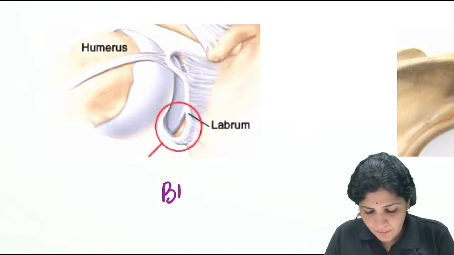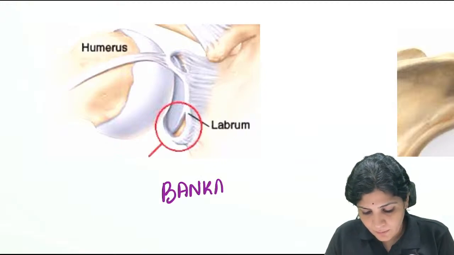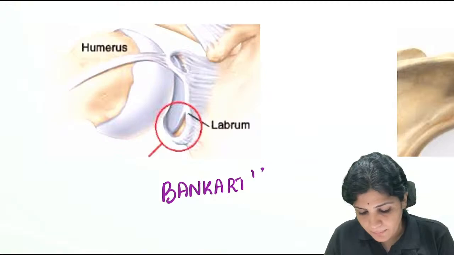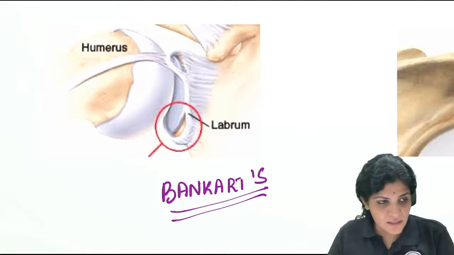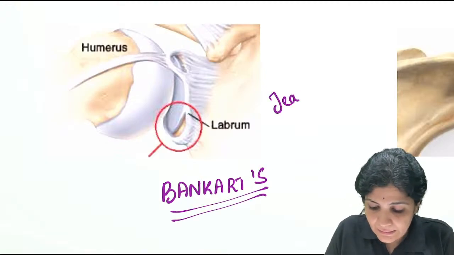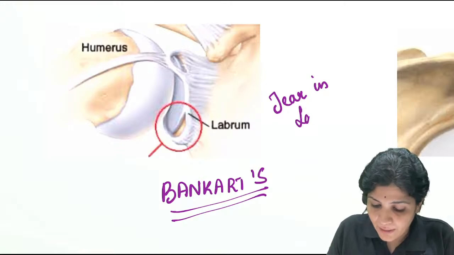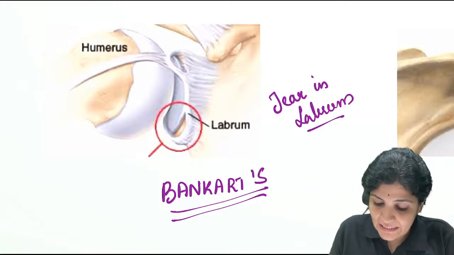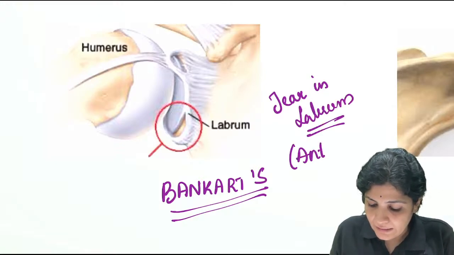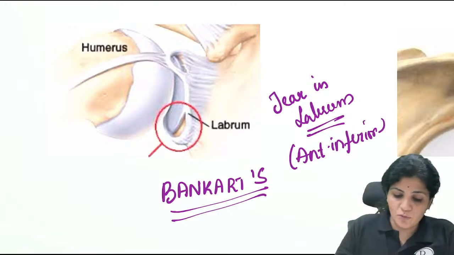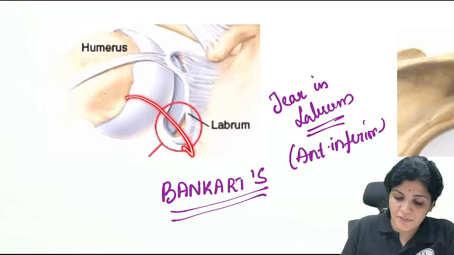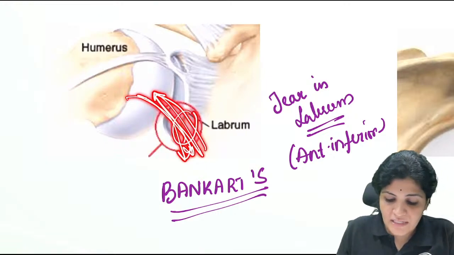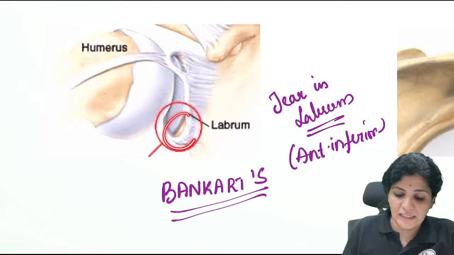This is called the Bankart lesion. There is a tear in the labrum, in the anterior inferior area. This is the area where the head keeps coming out and going in, so there is a disturbance in the labrum.